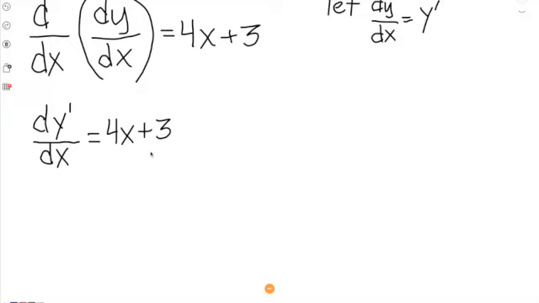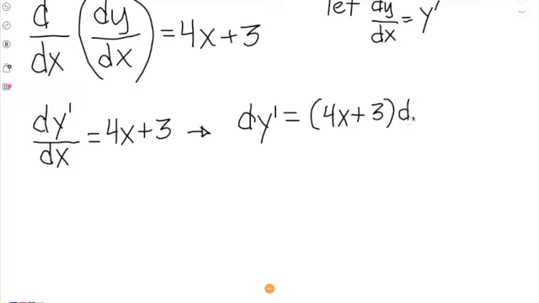Since you have a variable x here, we can separate the differential equation and put dx on the other side, so we have dy prime is equal to 4x plus 3 dx.